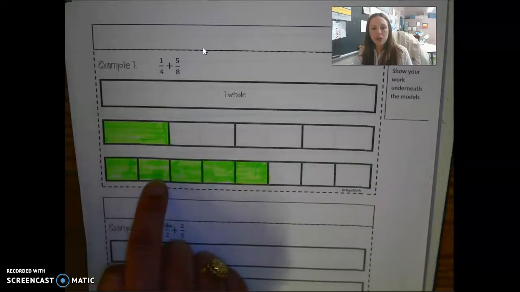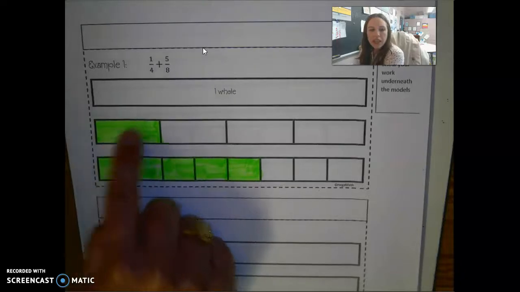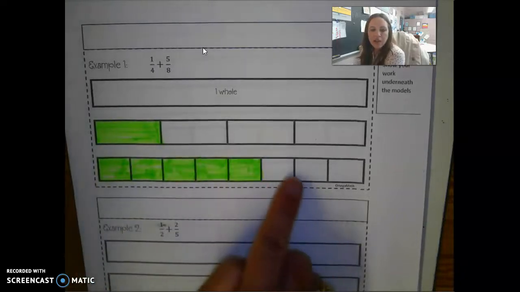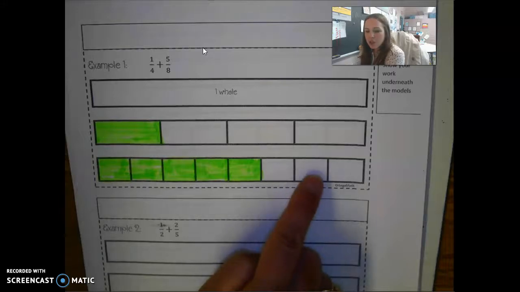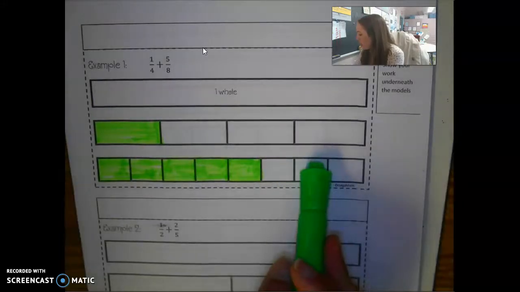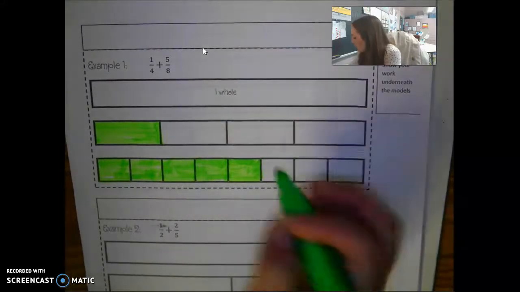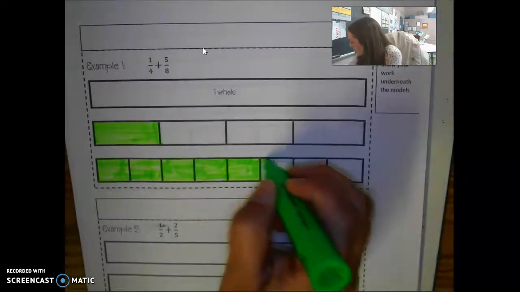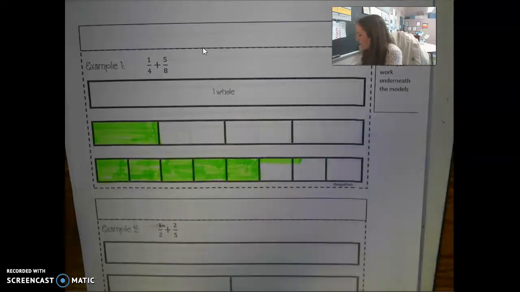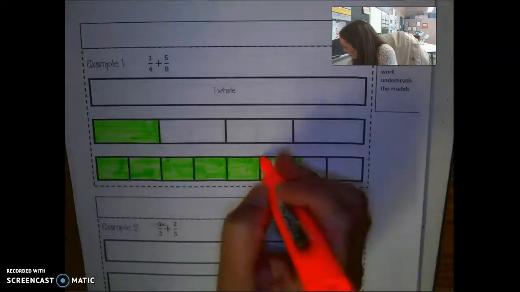So I can assume that if I'm adding this fourth to the end of my eighths fraction strip, I should be able to color in these two, and my answer should be 7/8. Let's color this one in another color so that we know that's our adding of the 1/4.